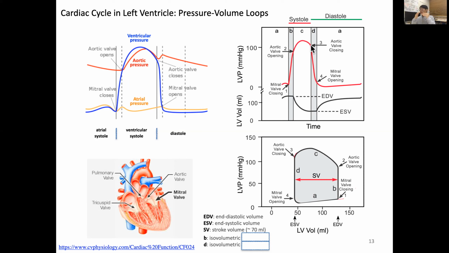It's a closed system again, while the ventricles relax, which means the pressure comes down while the volume stays the same. So until again the mitral valve starts to open, then the filling happens. So the ventricular volume becomes higher because of the filling, as the mitral valve opens and blood comes from the left atrium to the left ventricle.